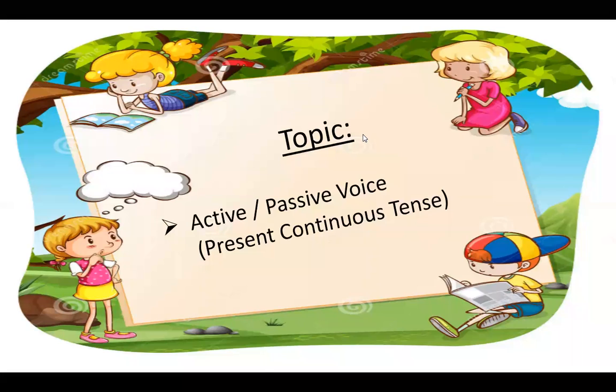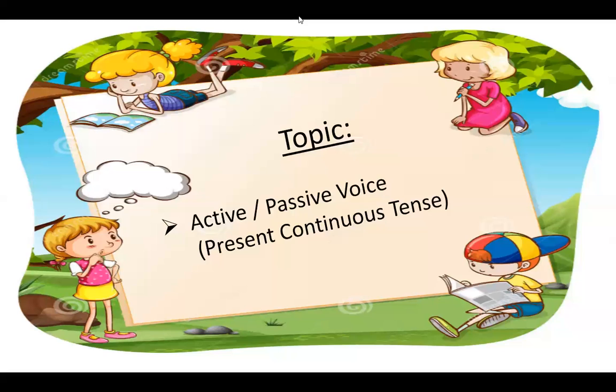Excellent, Ushna. Ushna, you are having a bad throat, beta. So, subject plus helping verb plus V1 with ing plus object is the structure for present continuous tense.